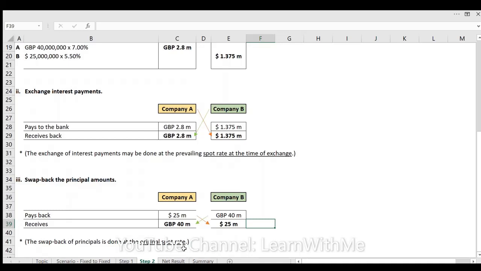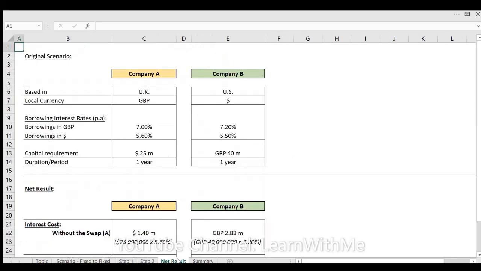So in effect, if you see the net result, had these two companies not gone for a currency swap arrangement, what would be the interest cost expense that they would incur?